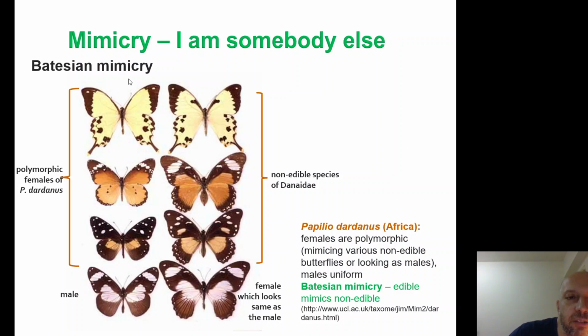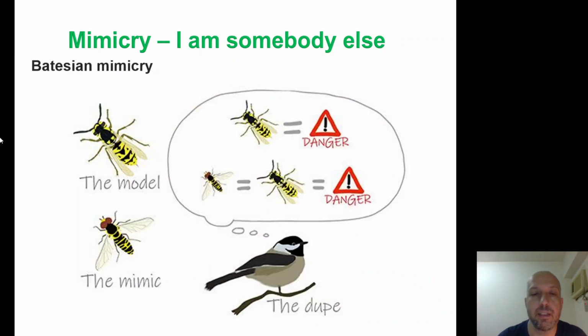Why is that? Because in every area, they mimic another species of toxic butterfly, right? So in this area, they mimic this one, so they look like that. In another area, they mimic this one, so they look like this. In another area, they mimic this one, so they look like that. So even though it's the same species, they can look very different. Males are always looking the same. So this is the case when the edible thing tries to look like something not edible, right?